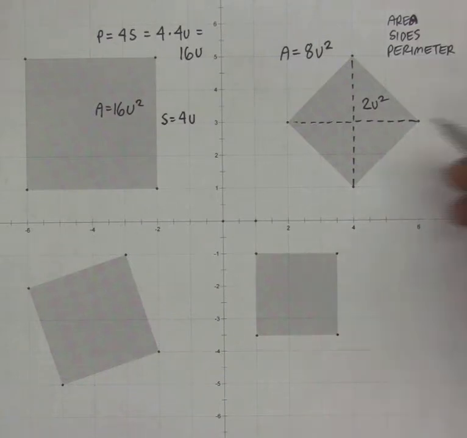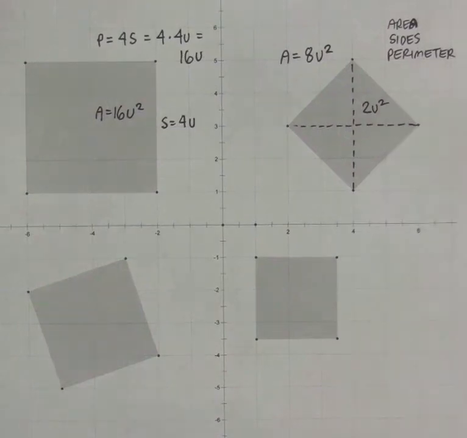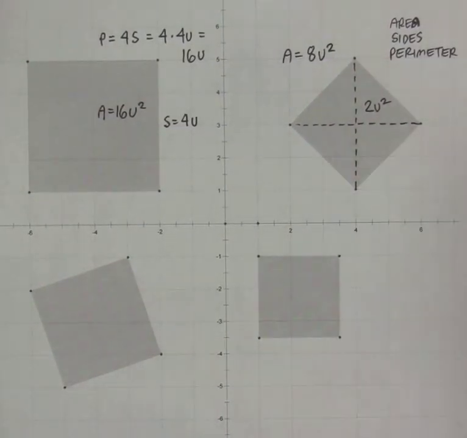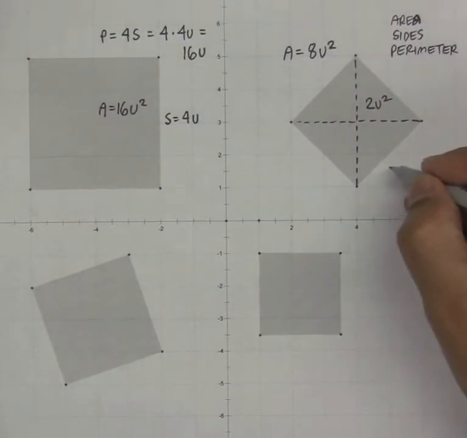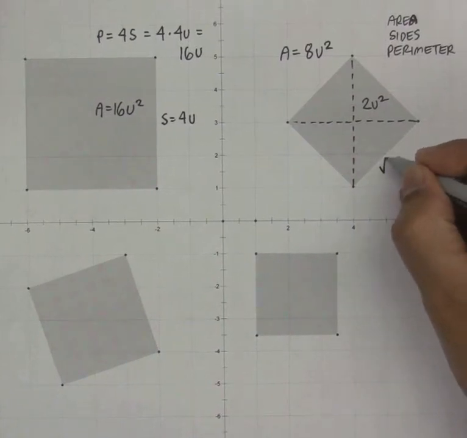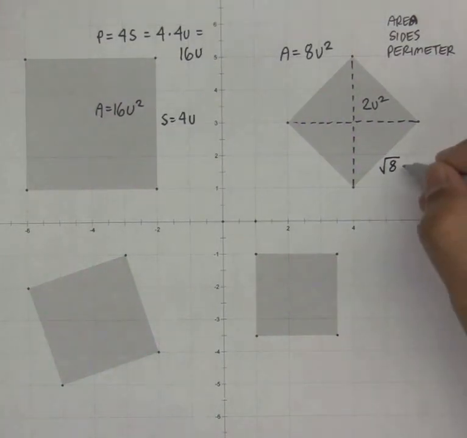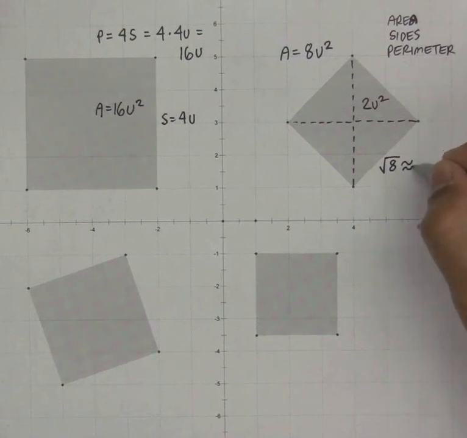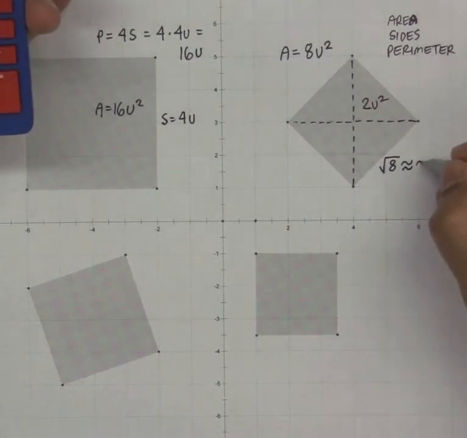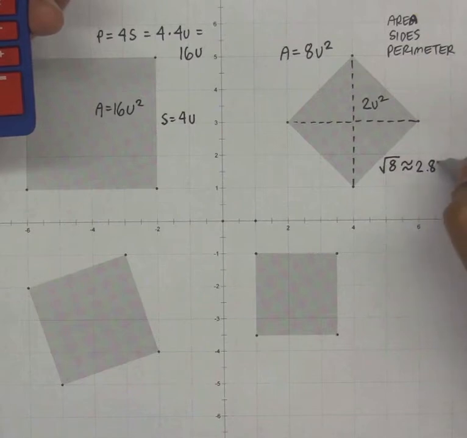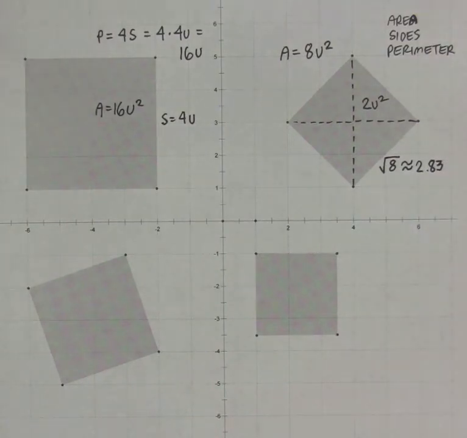From that, now I can find the size of the sides. The size of the sides is going to be the square root of 8, which is approximately 2.83. Now I am ready to find the perimeter.